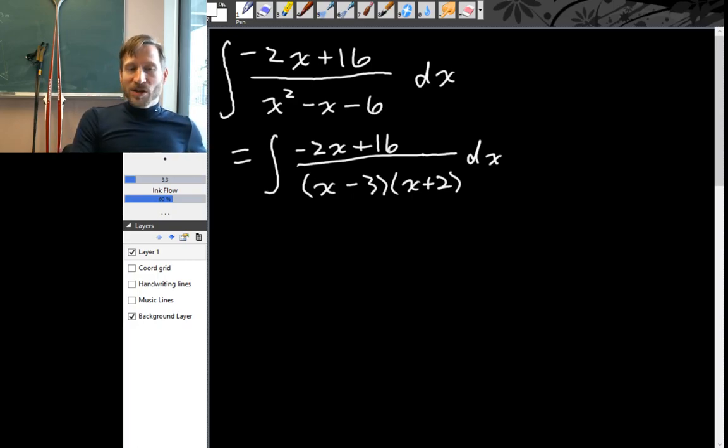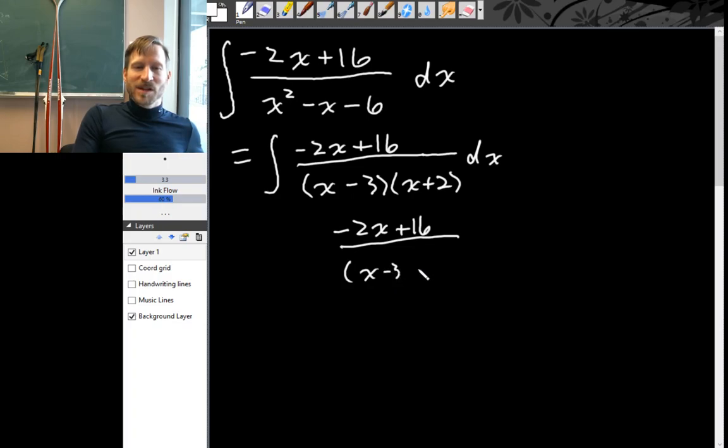By looking at the earlier examples on the worksheet, the idea was to give you the idea that if there are these factors in the denominator, hopefully we can split this fraction up into two fractions, each of which has one of these two factors in its denominator. So something like this: minus 2x plus 16 over x minus 3 times x plus 2.